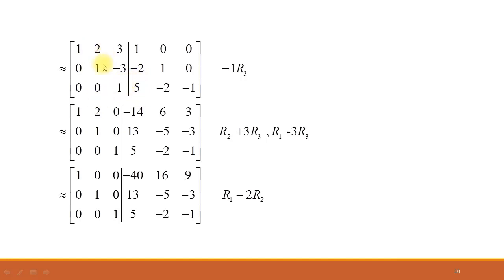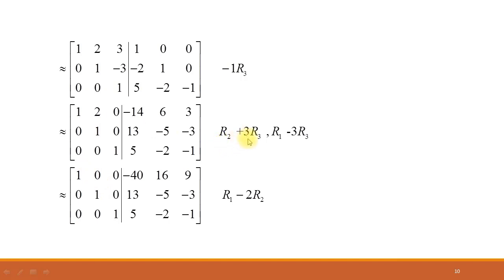Now, to transform this matrix to the identity matrix, we need 0 0 1, 0 1 0. These two entries should be 0, and this minus 3 should be 0. Then the matrix is transformed to the identity matrix.